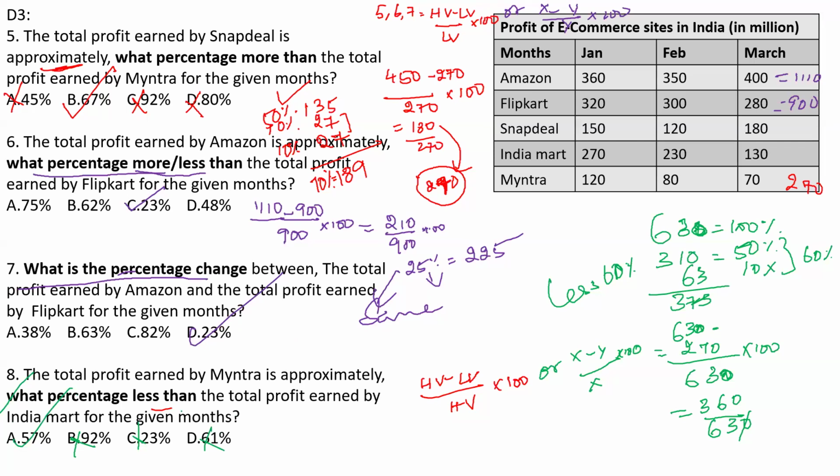If they give a very minute difference, you know 1%, right? 1% you can easily calculate. 1% is 6.3. Like that you can add and move on, for a very particular answer. Clear, everybody? This DI is very easy.